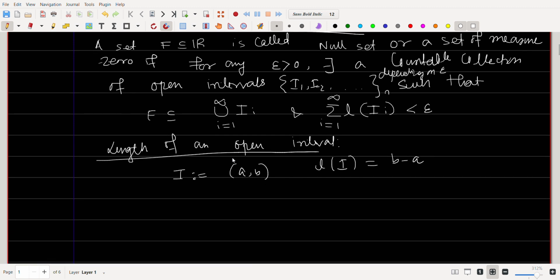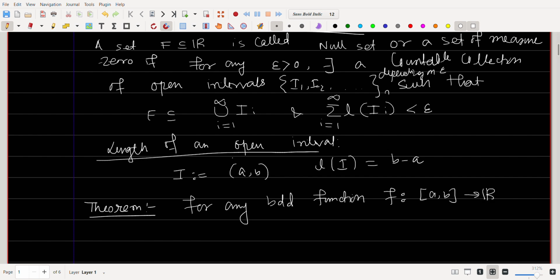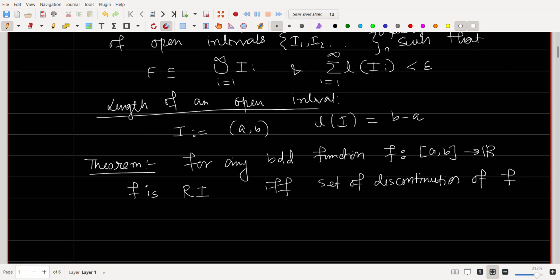Now an important theorem. For any bounded function F from the closed interval [a, b] to R, F is Riemann integrable if and only if the set of discontinuities of F has measure 0, or it is a null set.